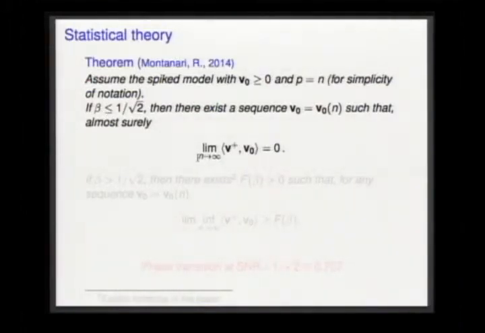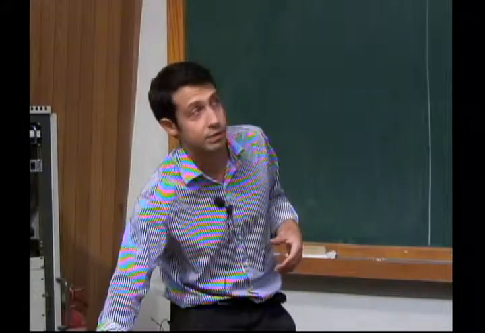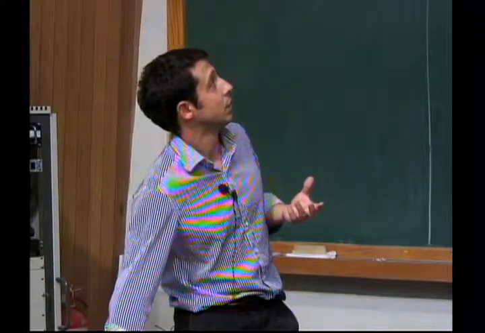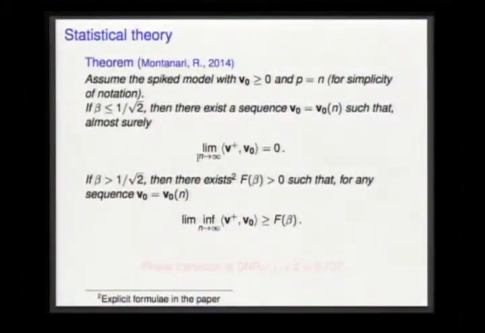So you can exhibit such a sequence for any vector V0. So there is no recovery in the worst case. But as soon as beta is larger than 1 over square root of n, there exists a function. This is a minimax kind of theorem, which says that there exists a function such that the inner product of the solution with the signal is always larger than this positive function of beta.